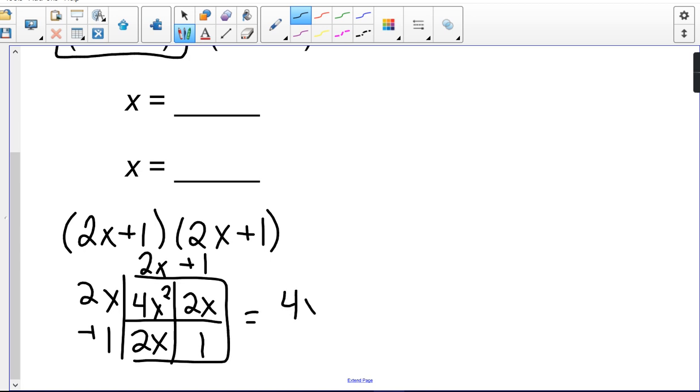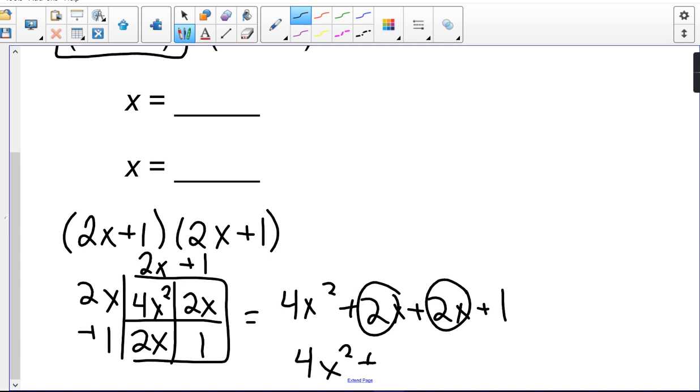So that is a total of 4x squared plus 2x plus 2x plus 1. And if we combine 2x and 2x, we get 4x. So we have 4x squared plus 4x plus 1.